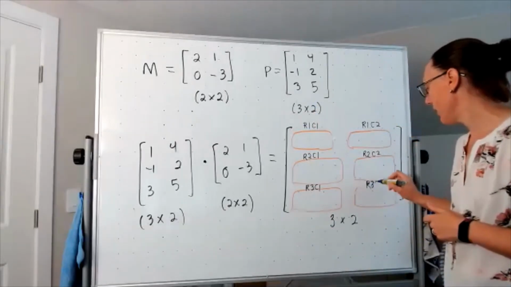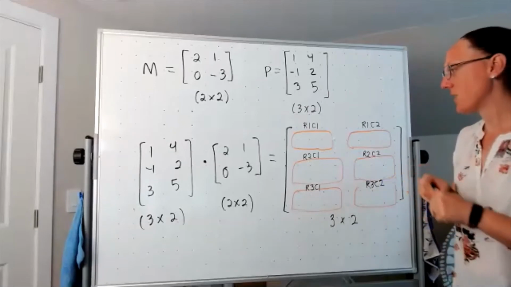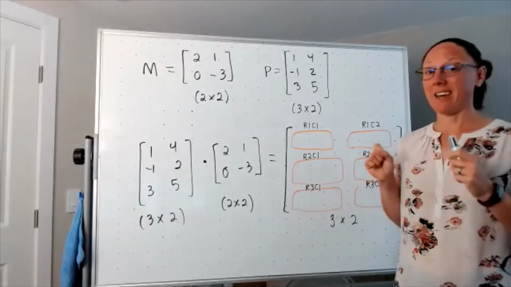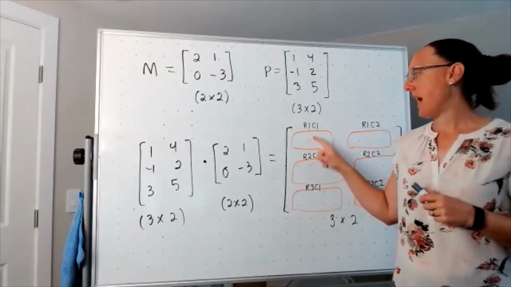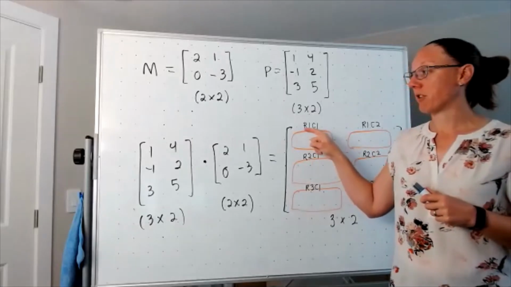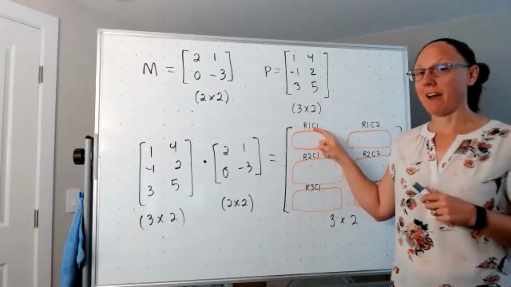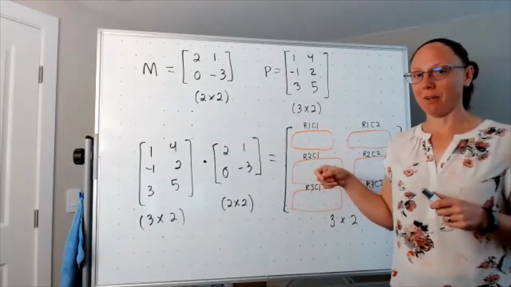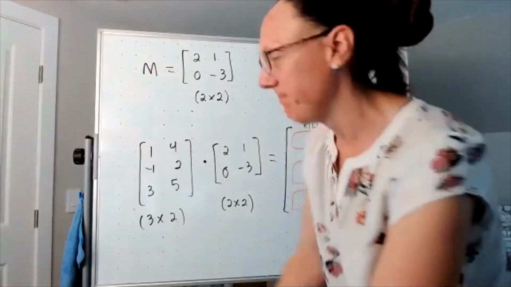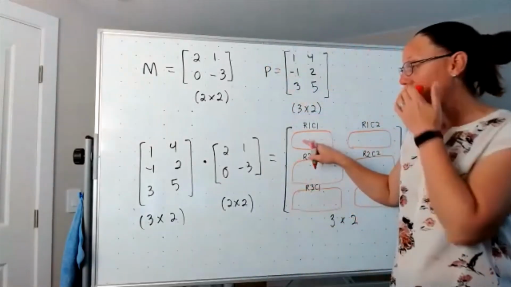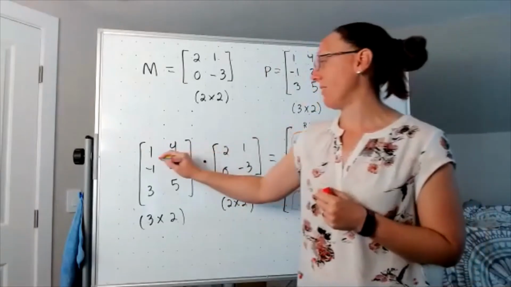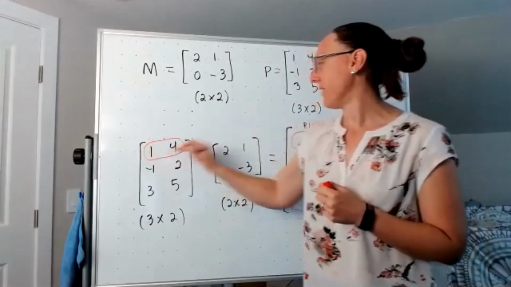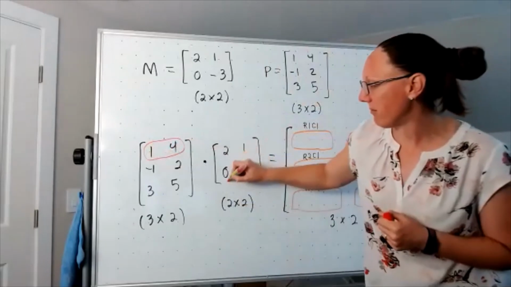So for example, to get the number that goes in this spot of my final matrix, I'm going to take row 1 from the first matrix and multiply that by column 1 of the second matrix. So to get what goes here, I'm taking row 1 times column 1.